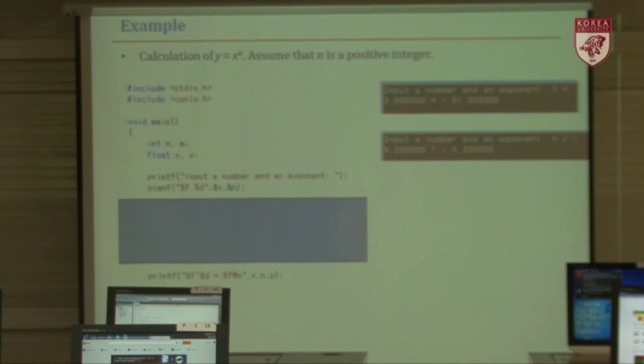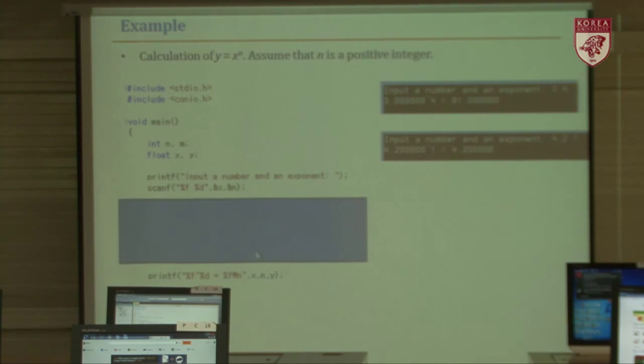So here we want to calculate x to the power of n. First, using the scanf function, we get the input of the value x and its exponent n. So x is a float and n is an integer.